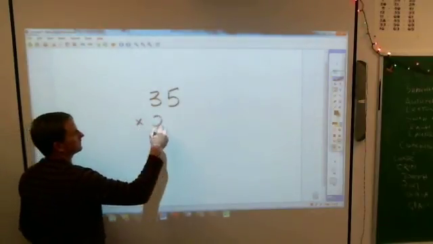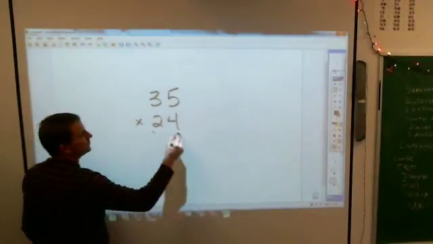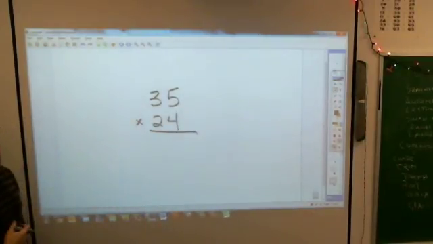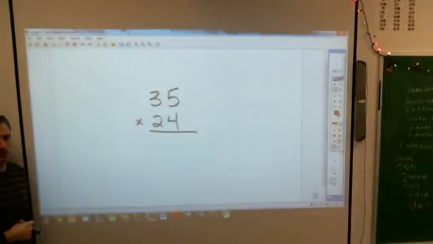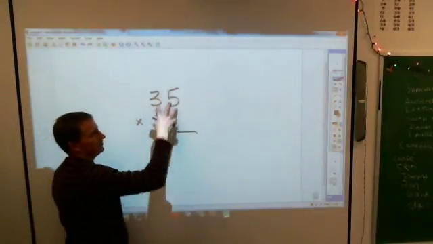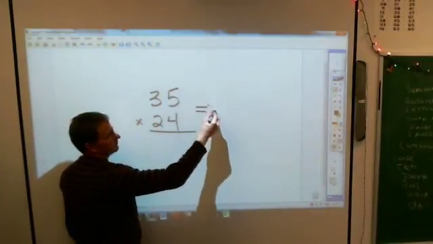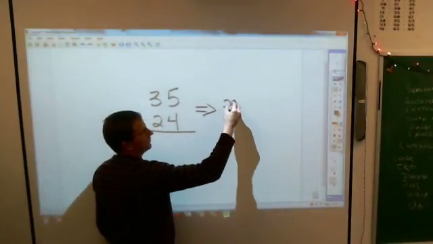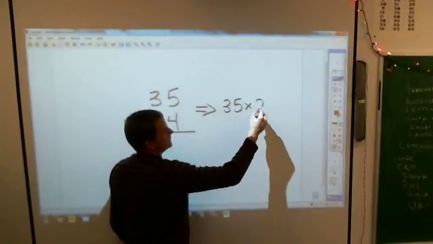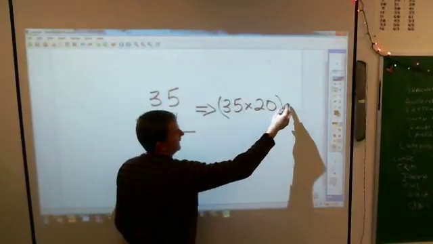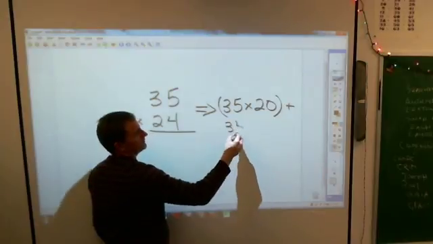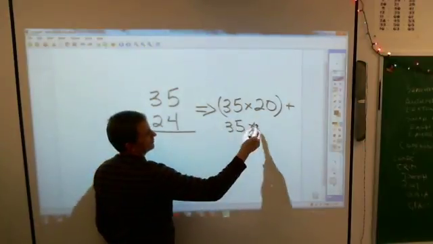Now, before you do that, the book will say, write that problem a different way. And this is where Brady would say, the different way I would do it is the way that Brady wants to do it. Instead of multiplying 35 times 24, that's the same thing as taking 35 times 20 and adding 35 times 4 to it.